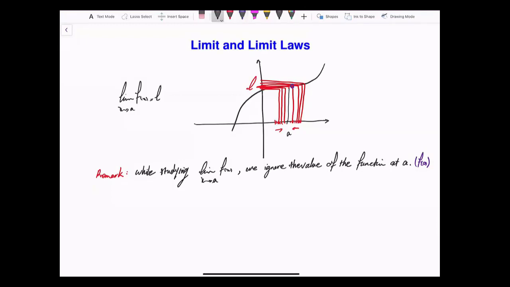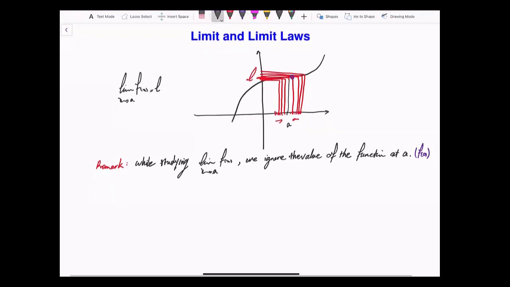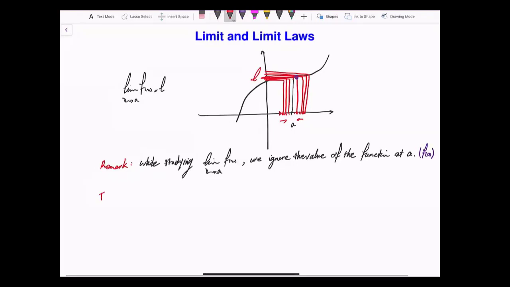With this definition, actually, the precise definition of limit is not easy, so you need to have some tools, some facts. This is what is called limit laws. Assume that we have two functions, and both of the limits as x goes to a exist.